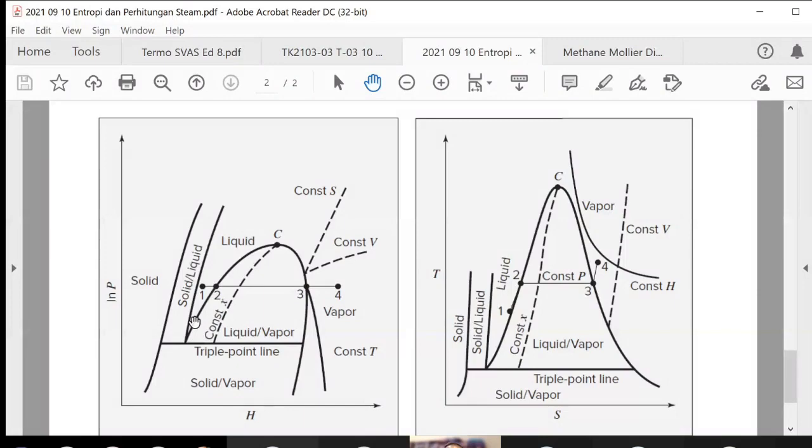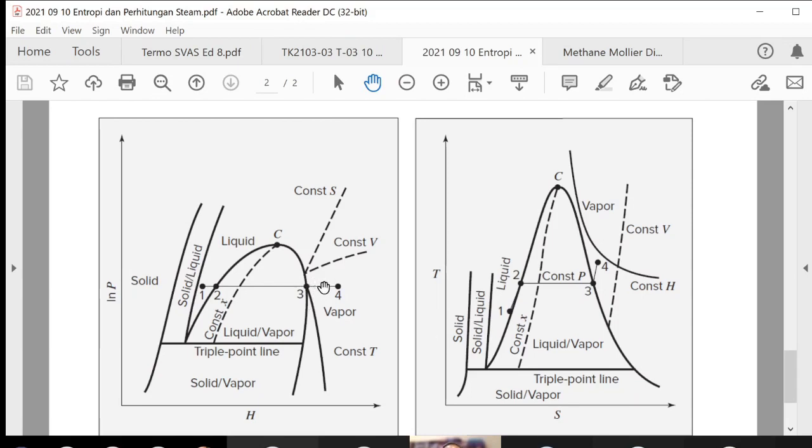If I have liquid from point number 1, it is 100% liquid. Suppose I have this as water, H2O. Number 1 is liquid water. And then I increase the enthalpy to the right. What I get on the right-hand side of the dome is the water vapor.